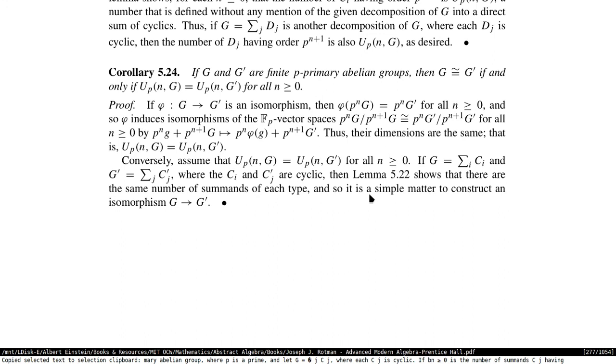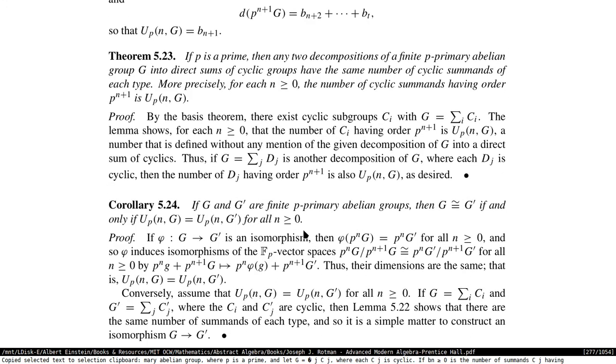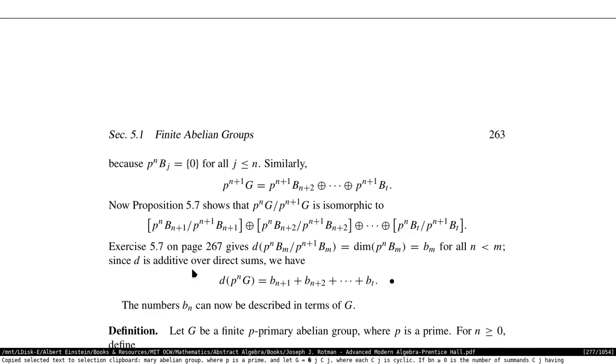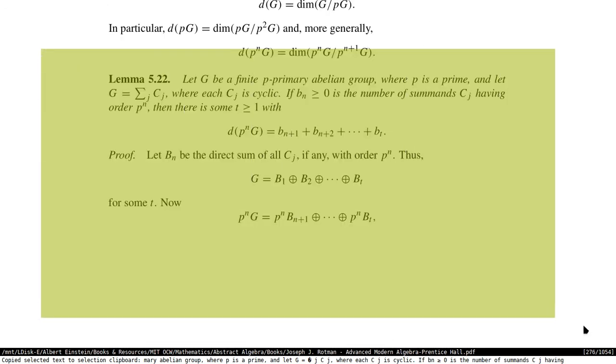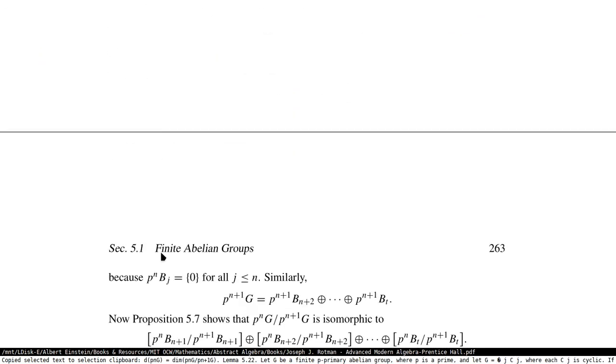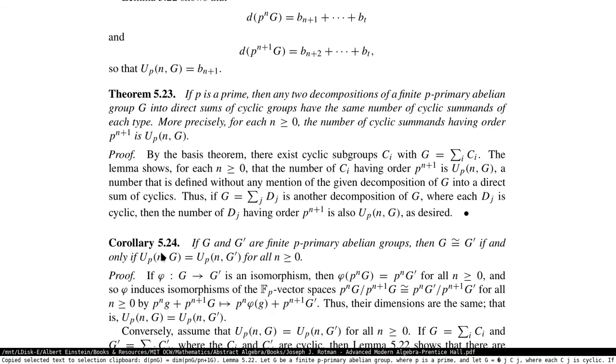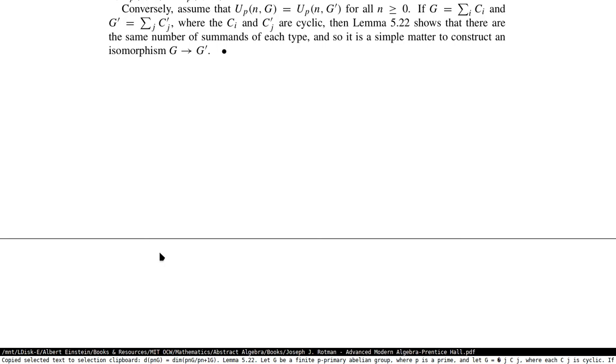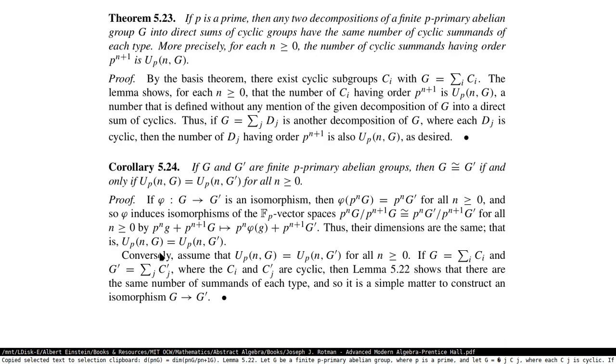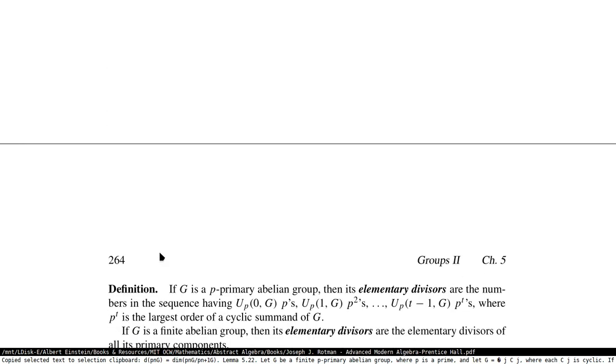So it is a simple matter to construct an isomorphism, right? Lemma 5.22 does that for us. Okay, so I guess we know where we're going.